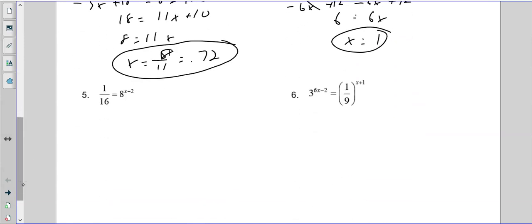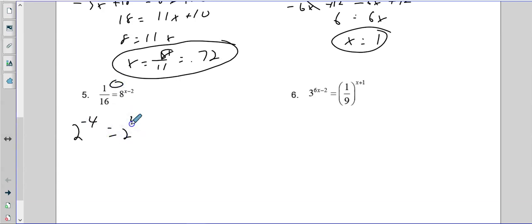All right, here, again, this is one of those places where we could only use 2. Some people want to use 4, because 4 squared is 16, but 4 to any power will not give you 8. So we have to use 2. So remember, 2 to the fourth is 16. We want it on the bottom, so we use -4. And notice there's nothing here, so it's just that.